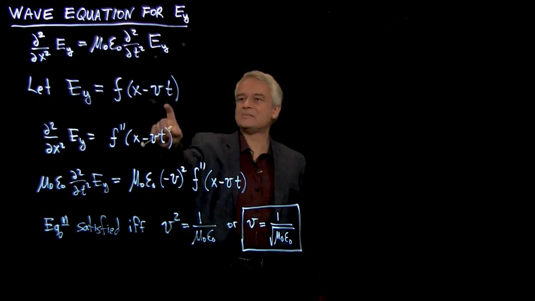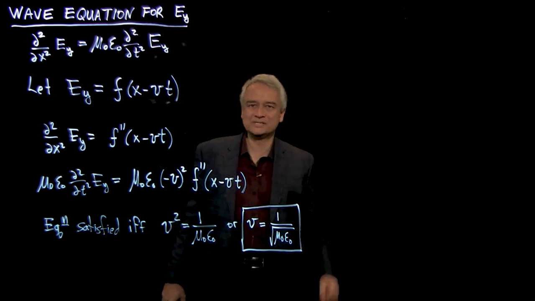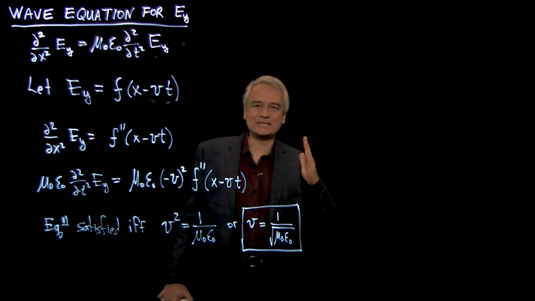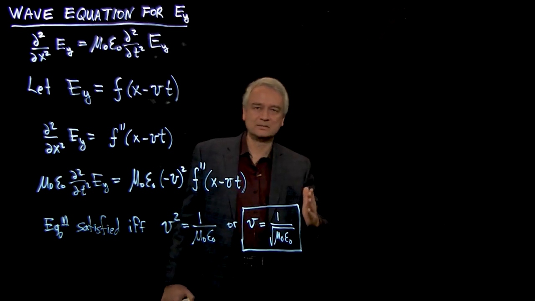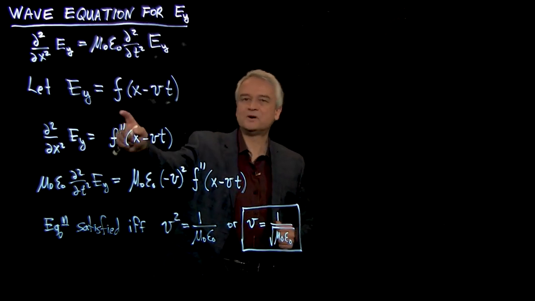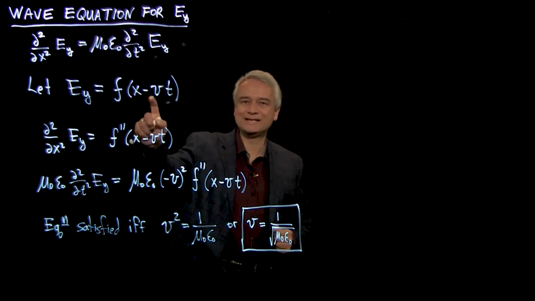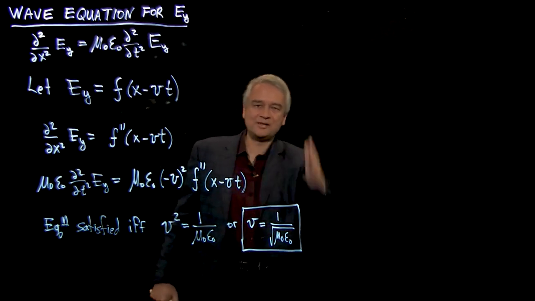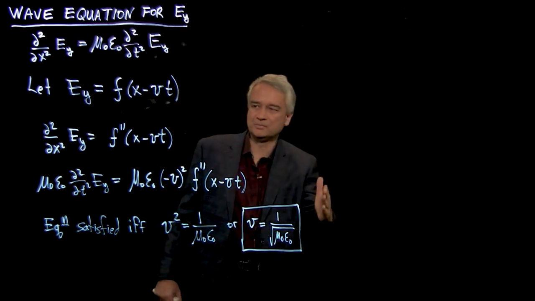Now let's go to a little time later. Let's go to time t, where t is some positive number. And if I ask myself, where is the x where this function has the same value that it did here at t equals 0? So it had some value right here when t was 0.